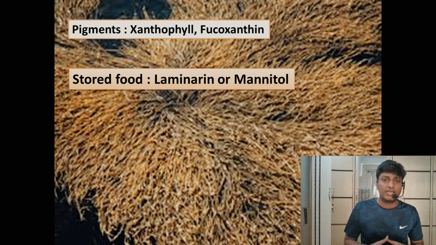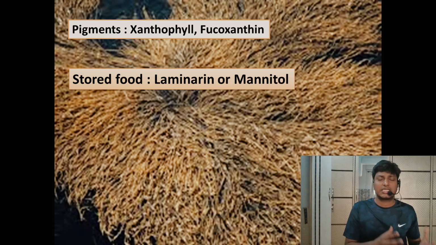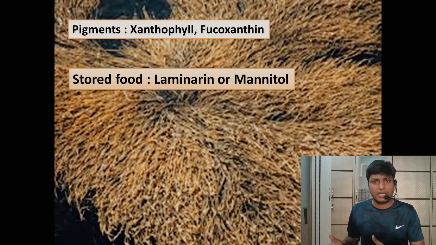Here the color of the brown algae is majorly because of pigments like fucoxanthin, which gives it a brown color. At the same time, they can also have pigments like xanthophyll, so they can appear from brown to dark brown in color depending on the pigment, dear students. And what kind of food do they contain? What kind of stored food do they contain?